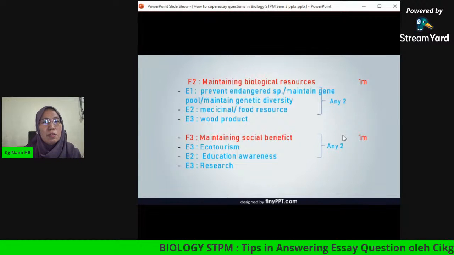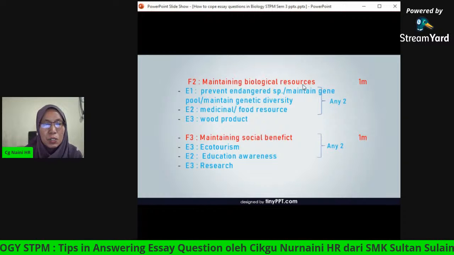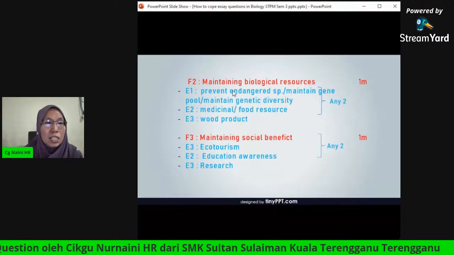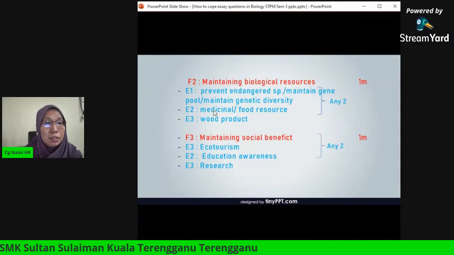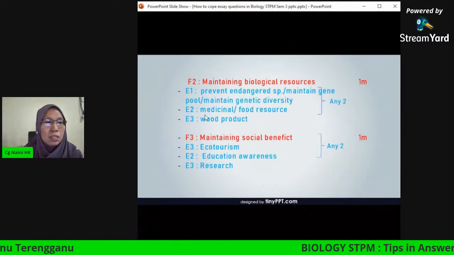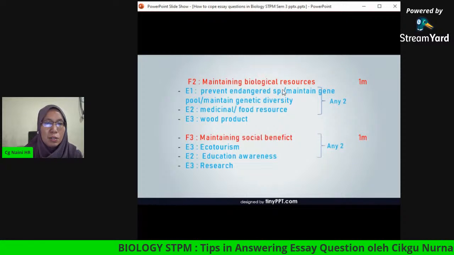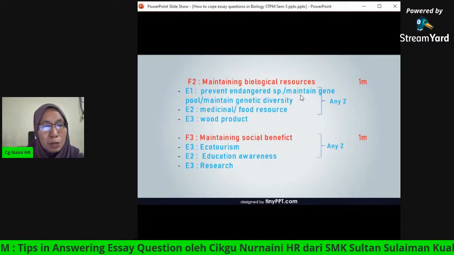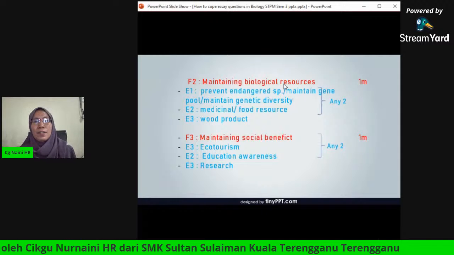So for the second main point, maintaining biological resource, what relates to maintaining biological resource? The explanation: prevent endangered species, the biological resource that refers to food resource, wood product. So any two that relate, you can get 2 points plus 1 point, so you can get 3 marks for maintaining biological resource.